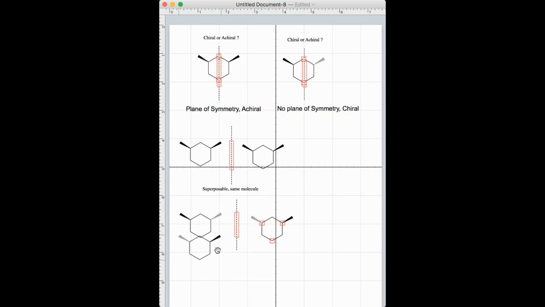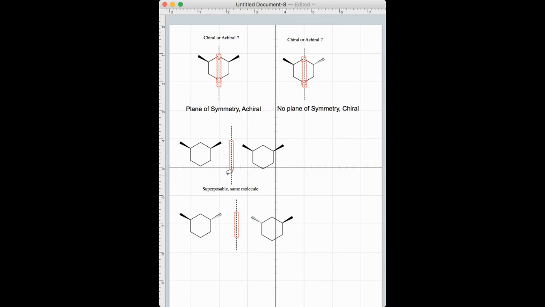One is away from you. If you flip this to the right side 180 degrees, then this one is going to go dash, this one is going to go wedge. They don't match, okay? So the relationship in between these two, they are enantiomers.